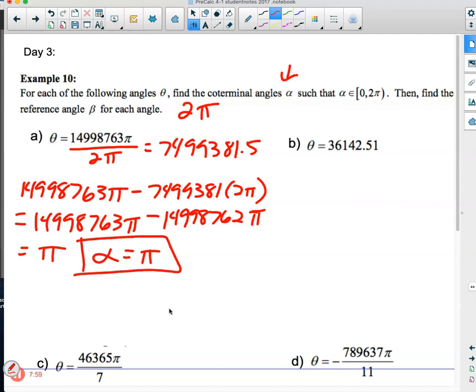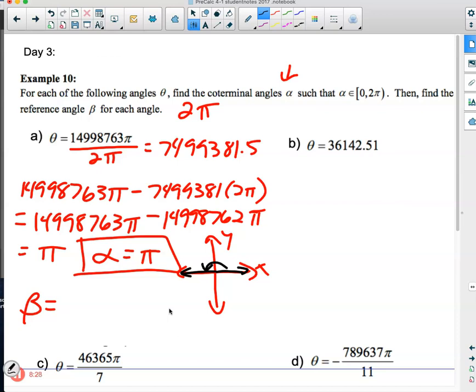Now, the next step is finding that reference angle, beta. And we talked about how drawing is the way we get those reference angles. But this one is a problem, because that coterminal angle lands in exactly the same place that our original angle would be, and that's actually on the x-axis.